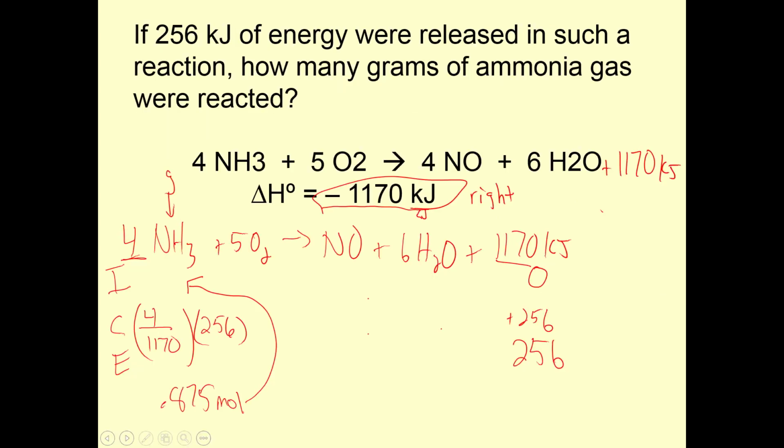Now the question says, how many grams is that? So I'm going to go back to that slide. Take 0.875 moles of NH3 times a dividing bar, 1 mole of NH3, and go to grams, which is 17.04, from the periodic table for NH3.